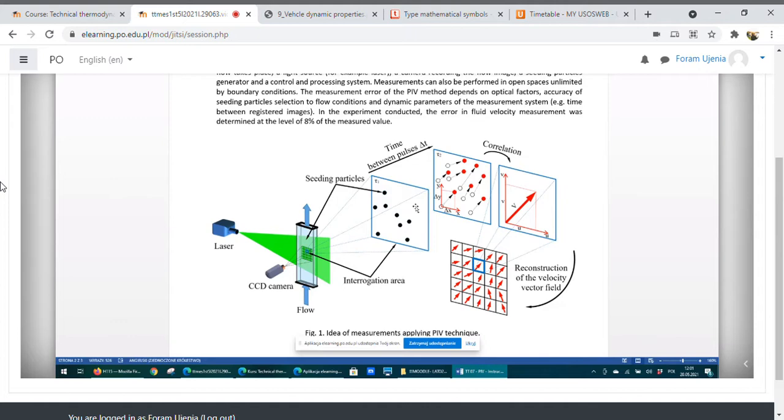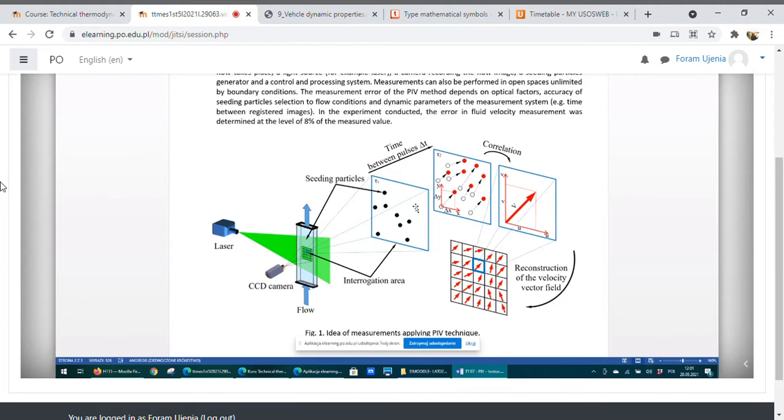Particles, because we have to add some particles to the flow, because only the movement of these particles can we catch by the camera.